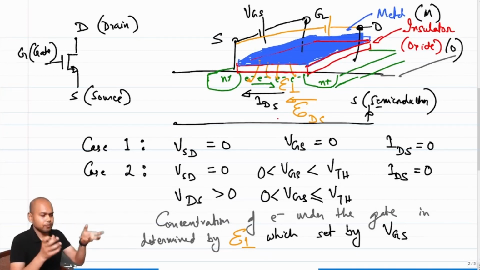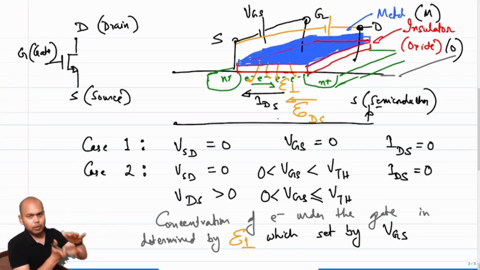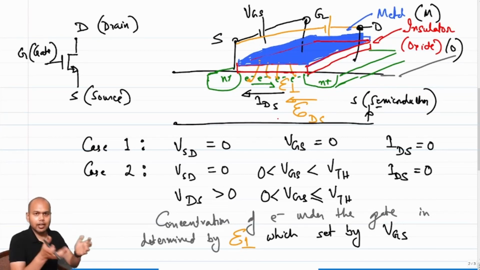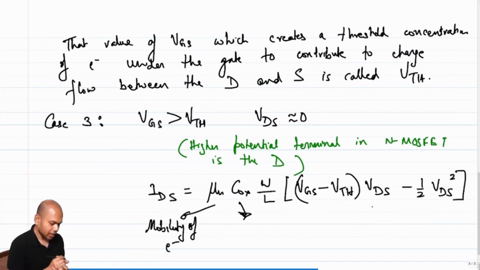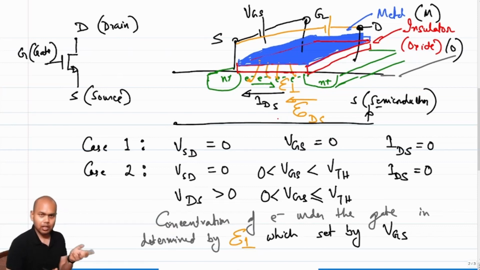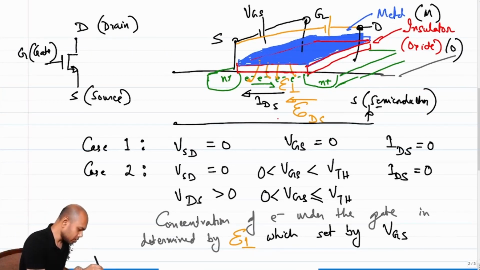If you apply a voltage between two plates of a capacitance, the charge that accumulates on each of these plates is proportional to the capacitance of the plates, right? So that is why you get a capacitance term. But this capacitance is capacitance per unit area, not the total capacitance, and hence it's called epsilon ox by T ox, where epsilon ox is the permittivity of the oxide, and T ox is the thickness of the oxide.